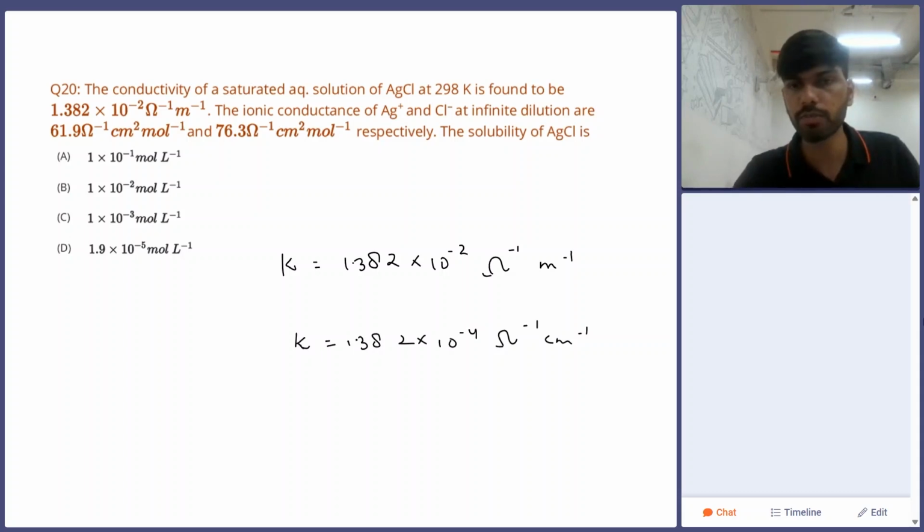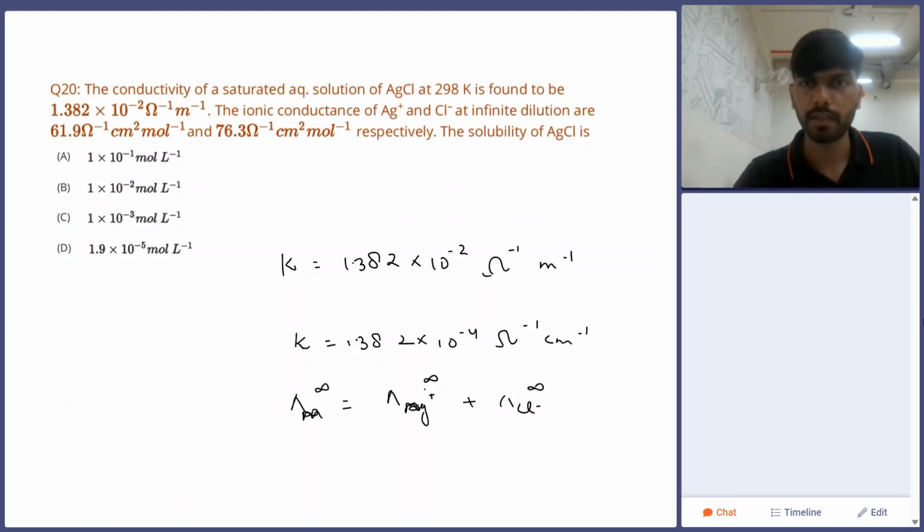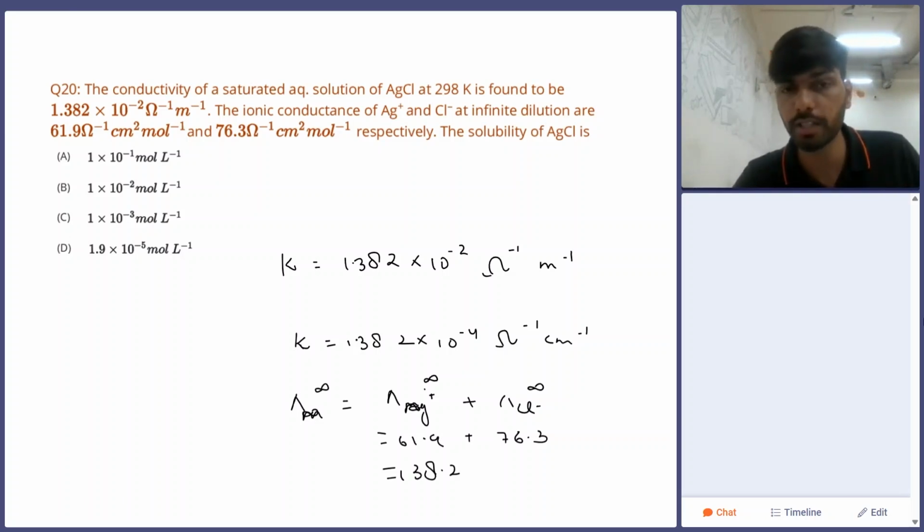Now, molar conductivity at infinite dilution is equal to that of Ag plus and Cl minus, that is 61.9 plus 76.3. Overall if we add, it becomes 138.2 ohm inverse centimeter square mole inverse.